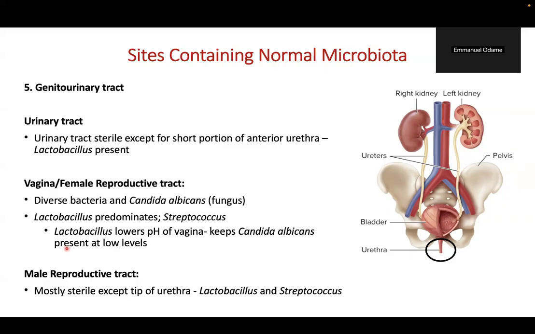The most common one is Candida albicans, and then we have Lactobacillus present, whose whole job is to keep the population of Candida albicans down, to balance the microbiome there. In the male reproductive tract, it's mostly sterile except the tip of the urethra, which has both Lactobacillus and Streptococcus present.